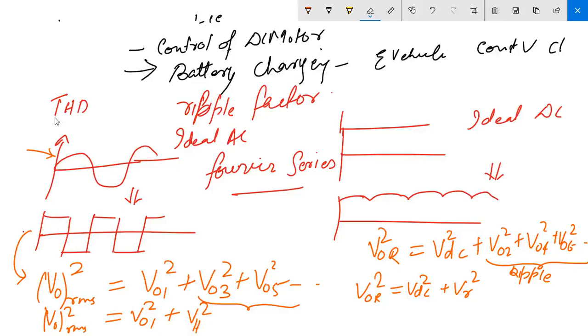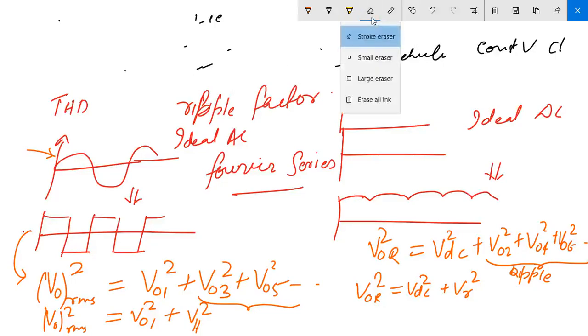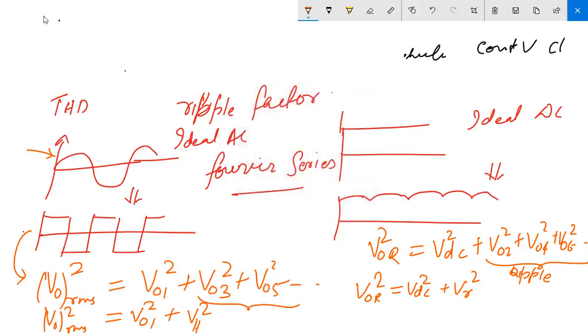Now if you modify this whole waveform, from the formula VH square, how can we write? VH is root under V0 RMS square minus V01 square.